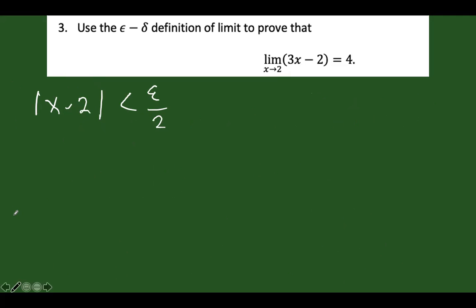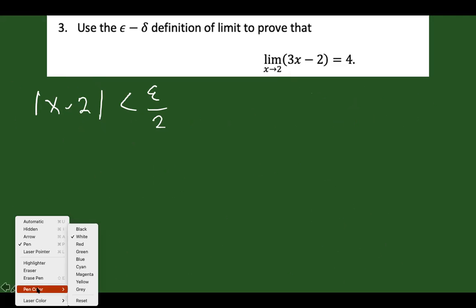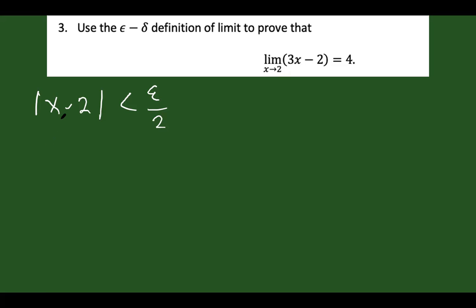And let me rewrite that here. Let's use a different color to show, comparing the given and the one that we just got. So we have the absolute value of x minus 2 is less than delta and greater than 0. So let's compare.